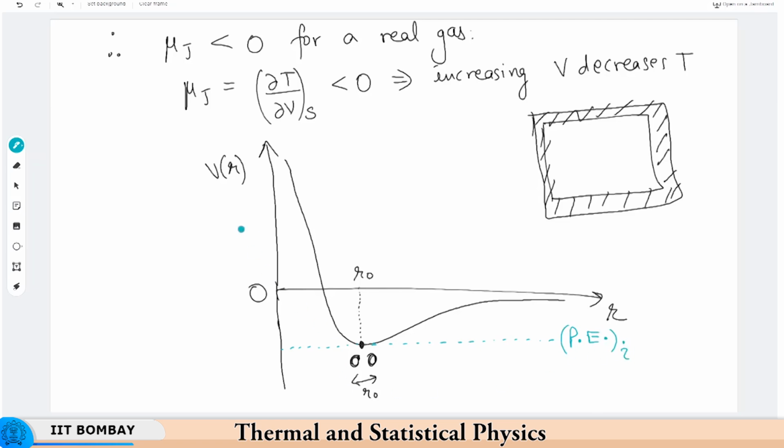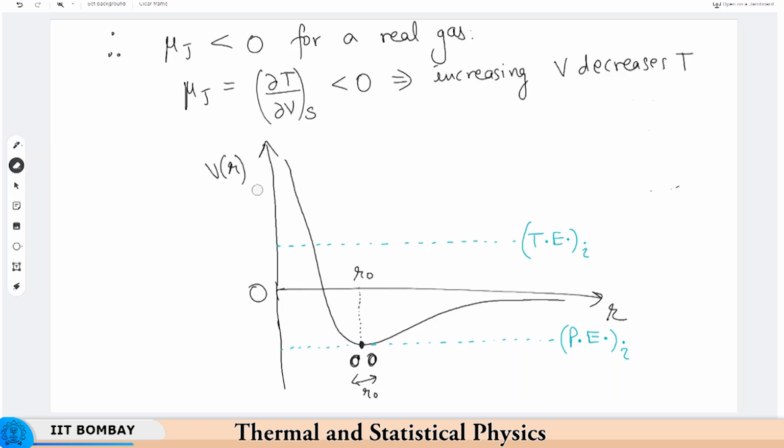Say the total internal energy is somewhere here, this is the total energy, again initial. Since the total energy is this and the potential energy contribution is negative, the initial kinetic energy is somewhere here. This is kinetic energy initial.